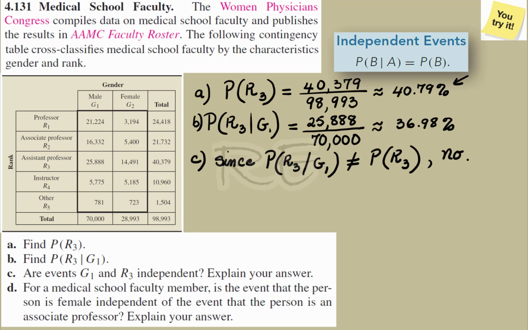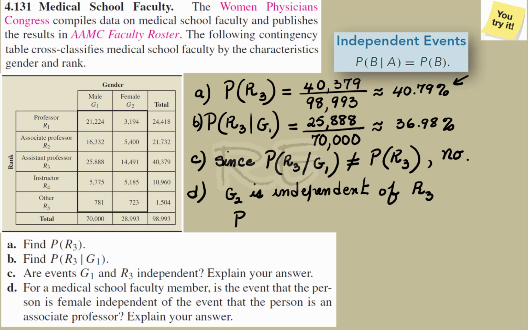For the last question, they are asking us to find out if the event that a person is female, that's G2, is independent of the event that a person is an associate professor, that is R3.